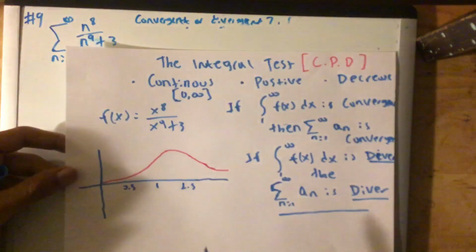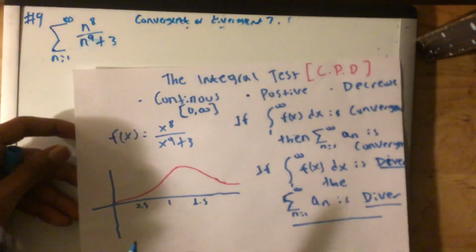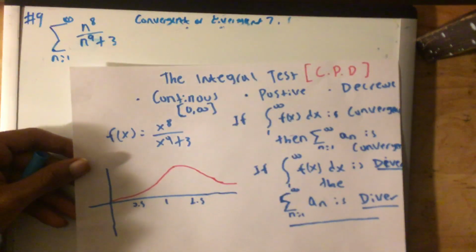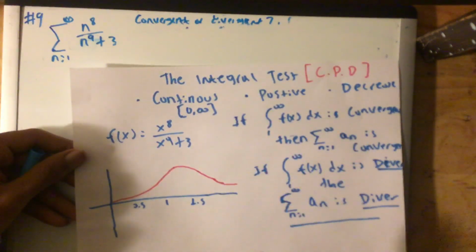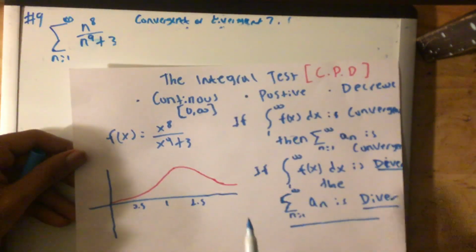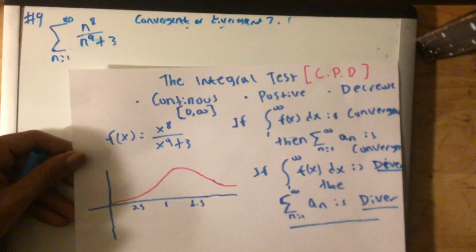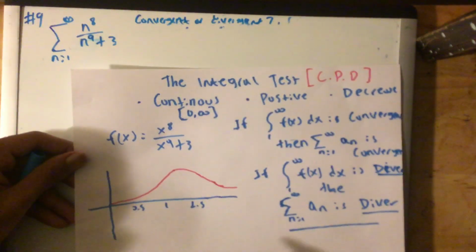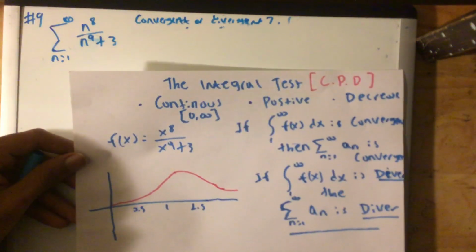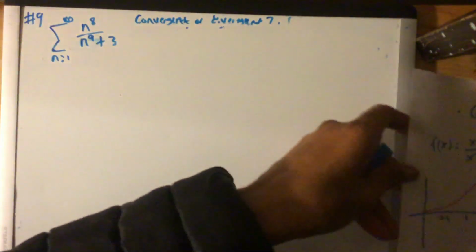When I find the graph of this one using f of x format, I see all the requirements are met, which means we're able to apply this test. We'll come back to the condition in just a minute, but first, let's see the steps of how to solve this problem.